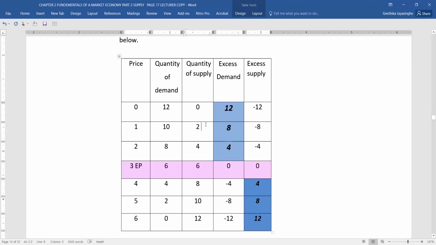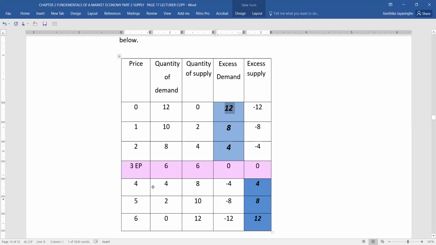It's 2, so the excess demand is 8. Also at zero price, your demand is 12, supply is 0, so your excess demand quantity is 12. So this is below the equilibrium price.